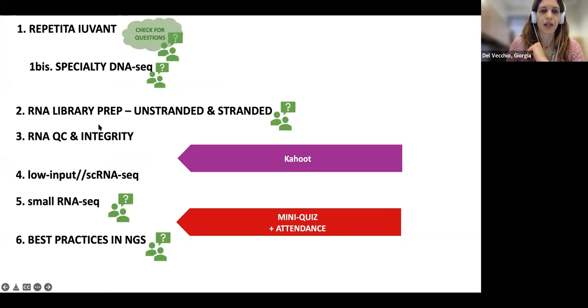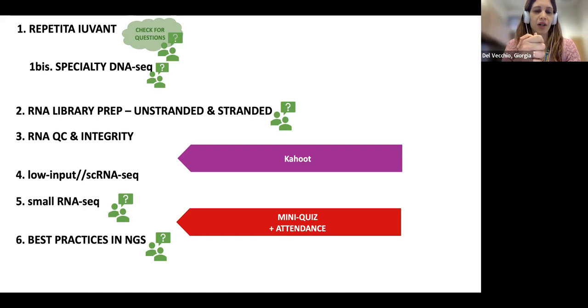So we are going to cover the unstranded and stranded topic. And then we are going to talk about how to quality check the RNA at the beginning of the library prep. And then we will cover the low input library preps and also the single cell RNA sequencing.